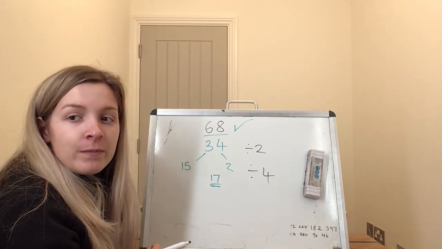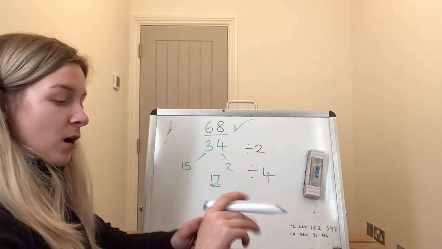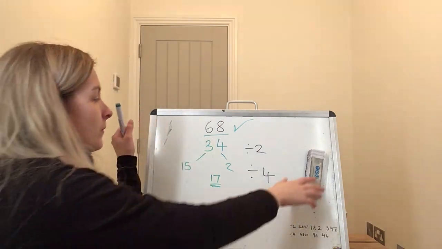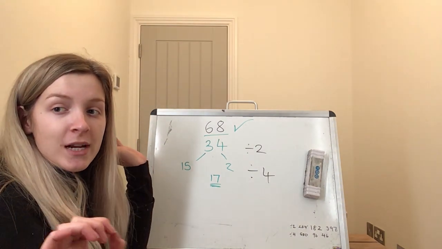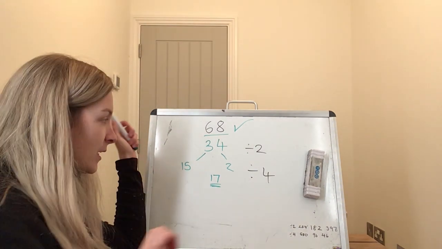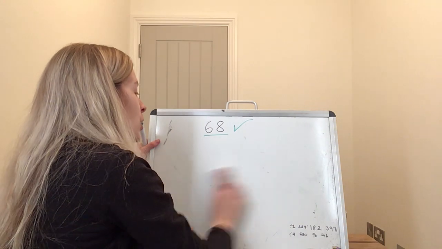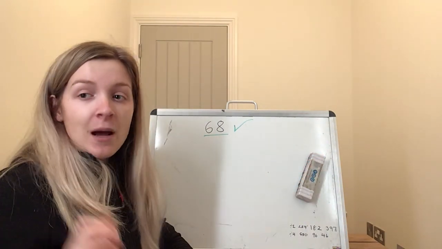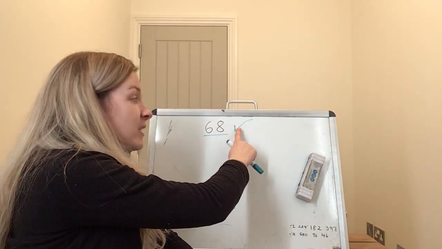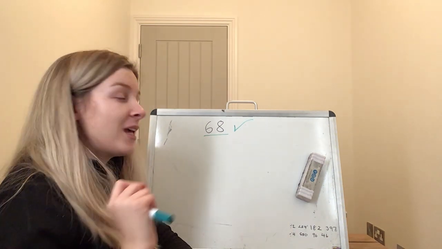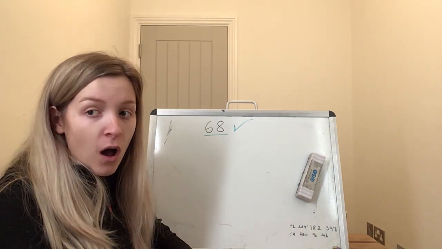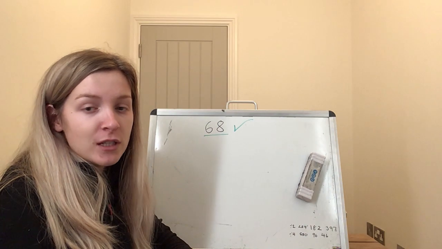And there we go. Okay, now I'm going to tell you a little tip. This is going to be really useful with your maths today, so listen carefully. A number is divisible by 4 if, when you half it, it gets an even number.